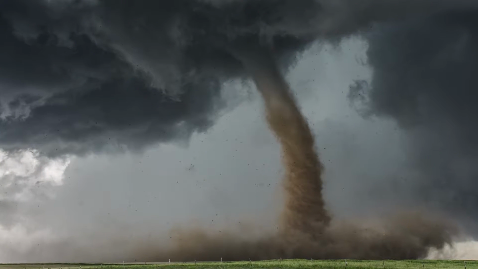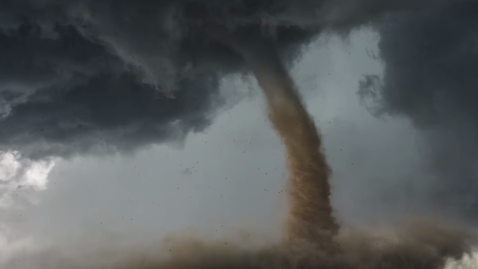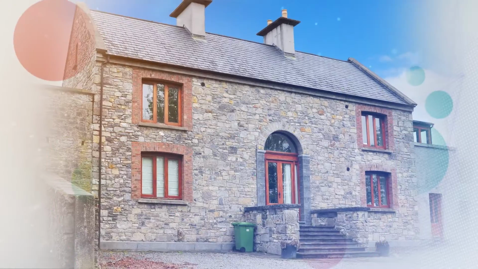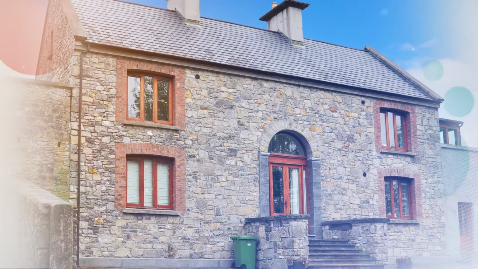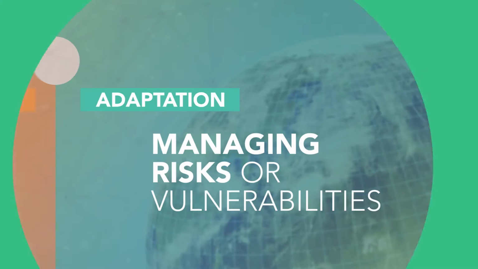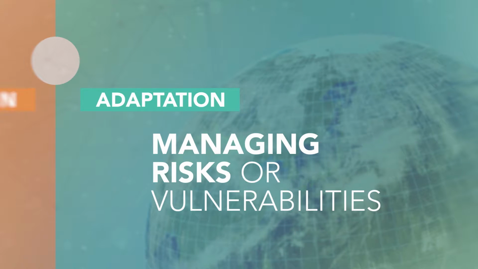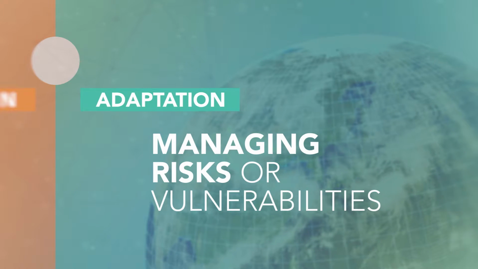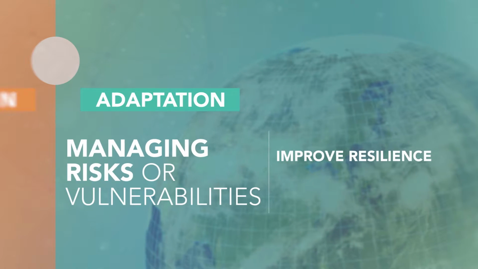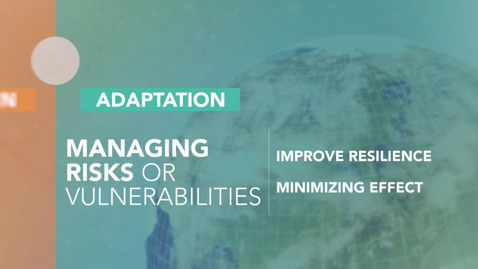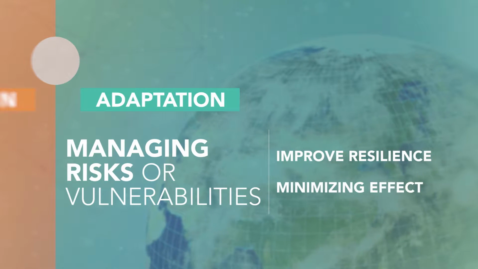For example, you may adapt to living in a tornado-prone area by building your house out of stone instead of wood. Climate change adaptation focuses on coping with anticipated changes in Earth's climate by improving resilience or minimizing the adverse impacts. I'm going to discuss our policy choices for mitigation, while other videos in this course will cover adaptation strategies in further detail.